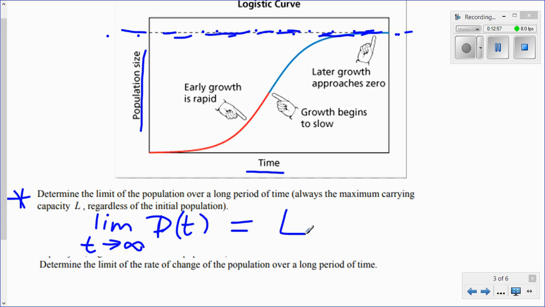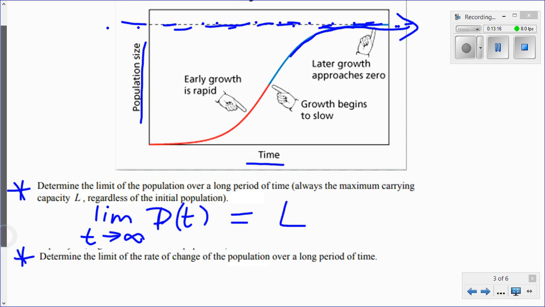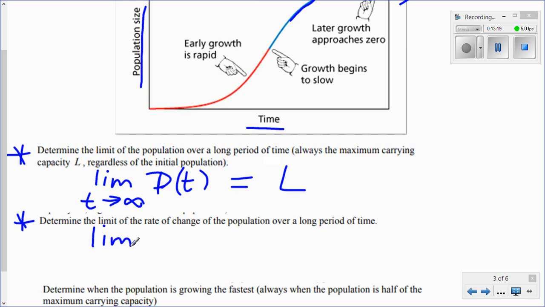All right, the next thing you want to be able to do, so we're talking about the fact that the graph is approaching that horizontal asymptote. Okay, the next thing you want to be able to do is determine the limit of the rate of change of the population over a long period of time. Okay, so now we're not talking about the population, but we're talking about the limit as t approaches infinity of the rate of change of the population. So that's dP over dt.